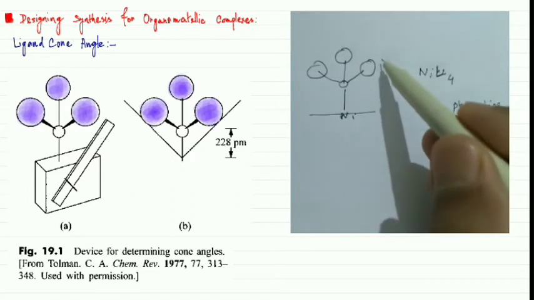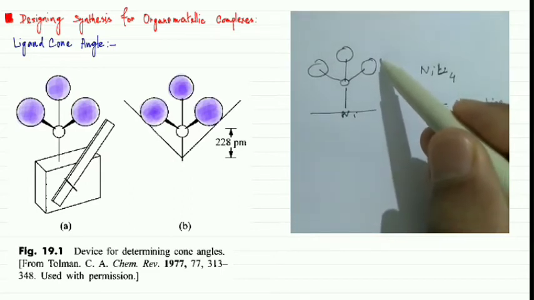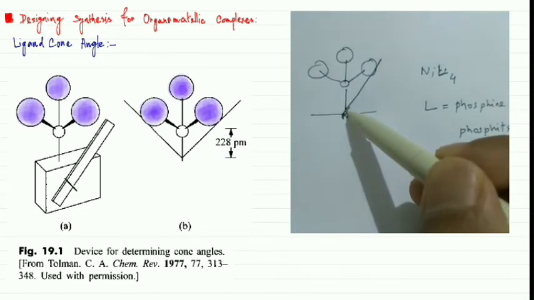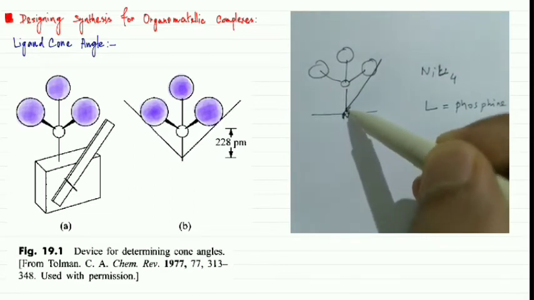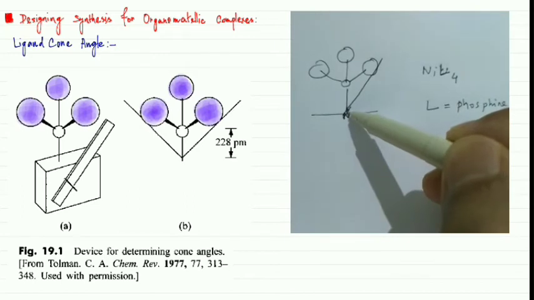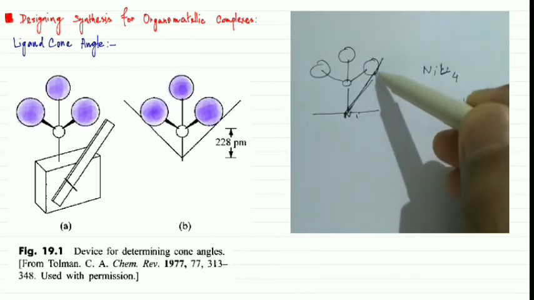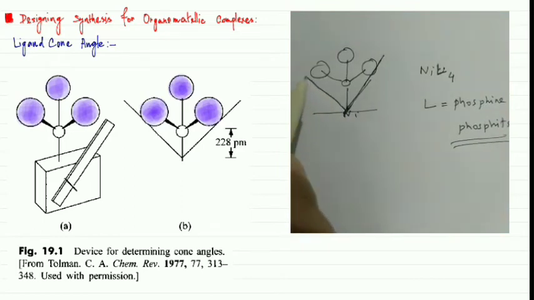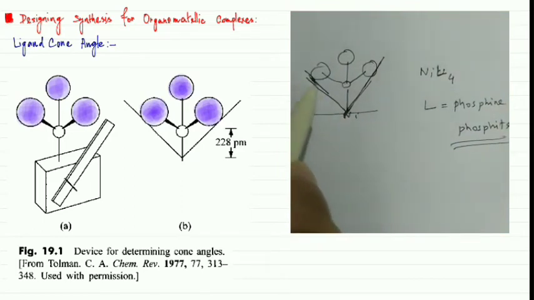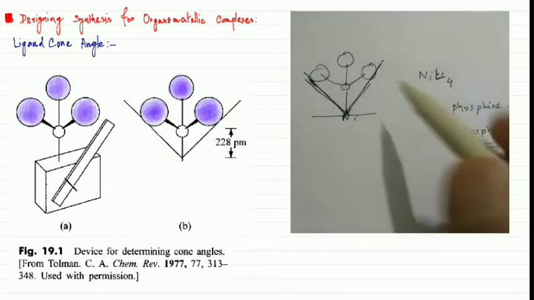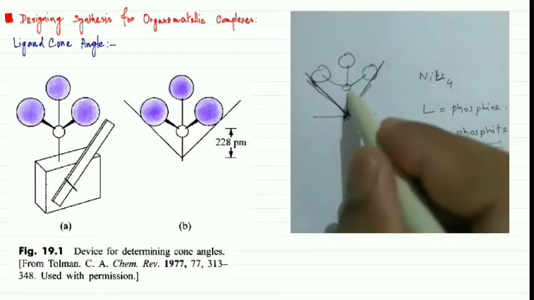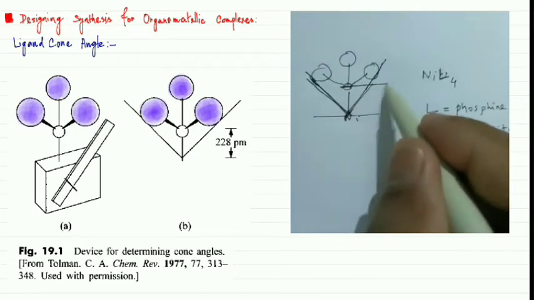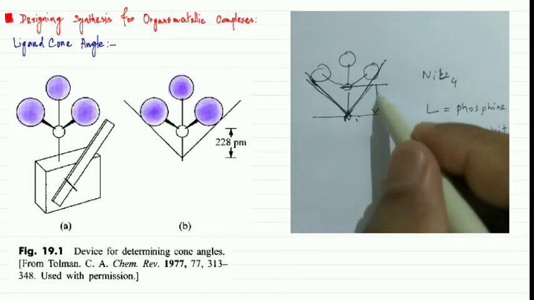To calculate the angle, we have to draw a straight line from the nickel, the center of the ligand, to the surface of one benzene, one phenyl group.